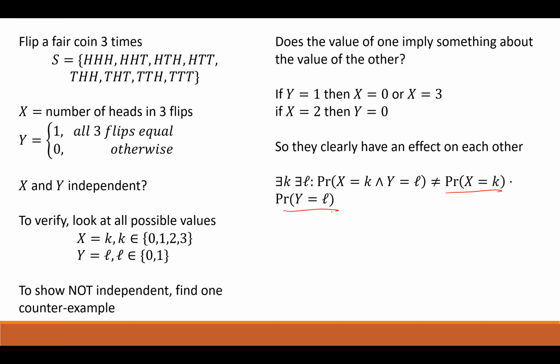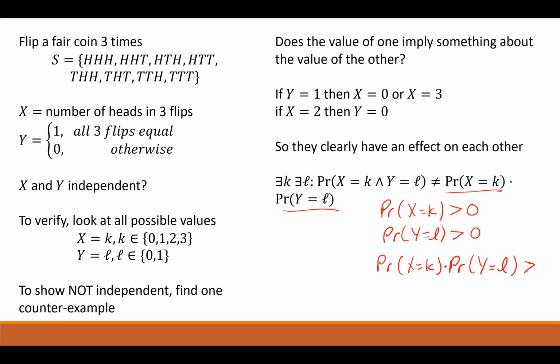They have to be something other than 0. So I know the probability X equals K is greater than 0, and the probability that Y equals L is greater than 0, which means that the product, probability X equals K times probability Y equals L, might be small, but it's also greater than 0, right? These are non-empty sets, so this must be true.